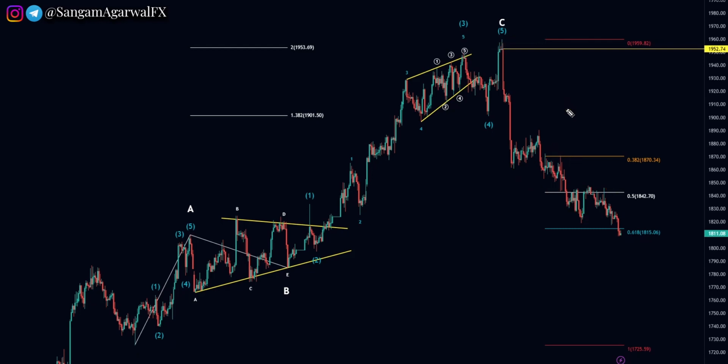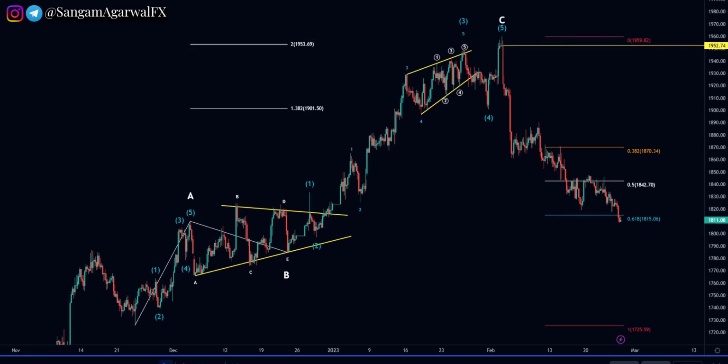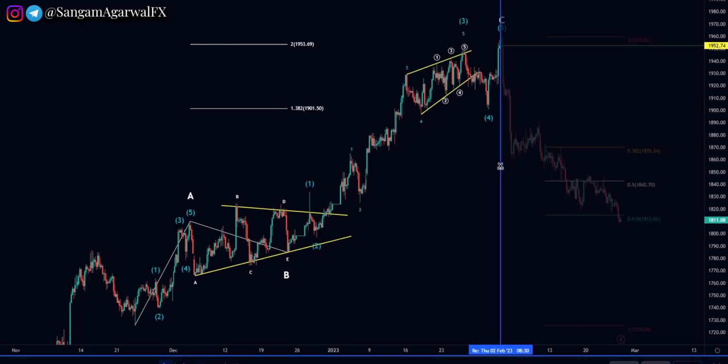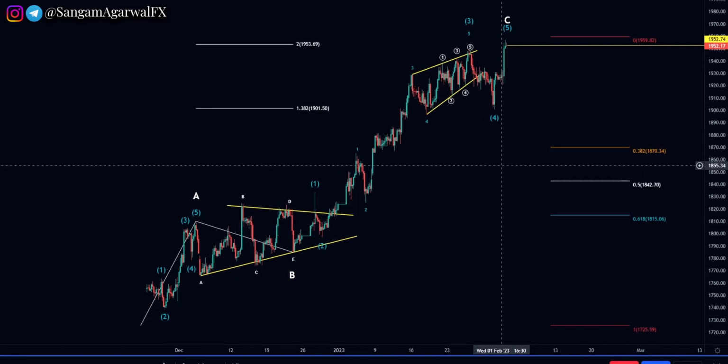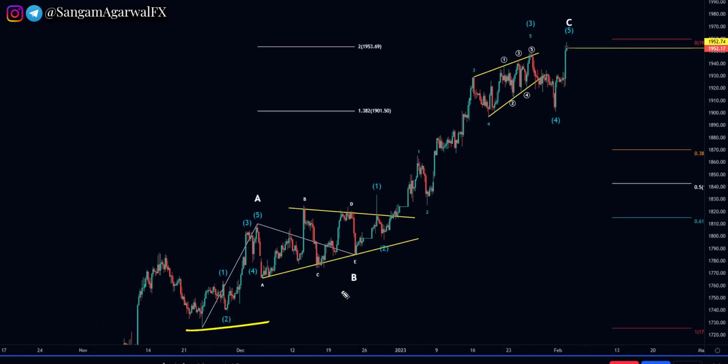And the most dangerous thing about Elliott wave theory is that it is most aggressive. Because if you hide this price action and now you see, then psychologically it is almost impossible to sell at 1959 because Elliott wave theory is so aggressive. It is like jumping in front of a running bus.